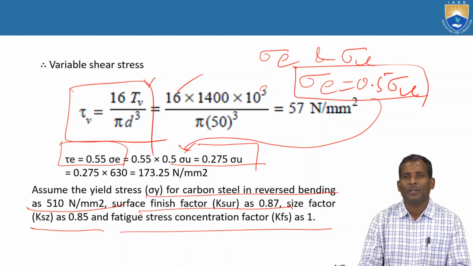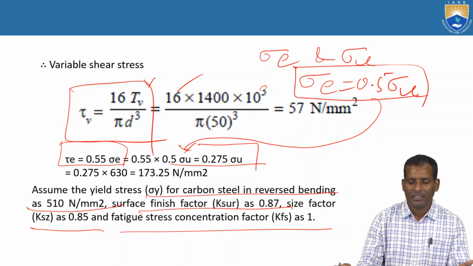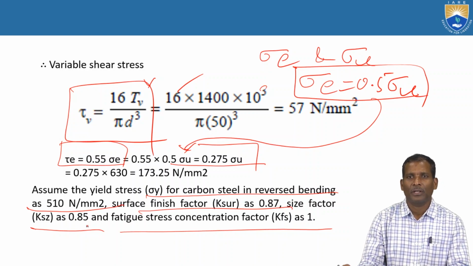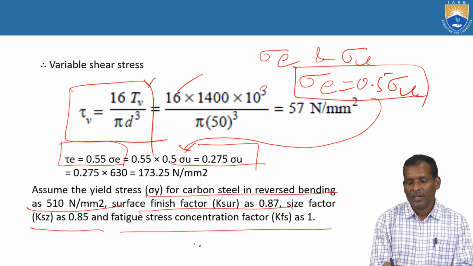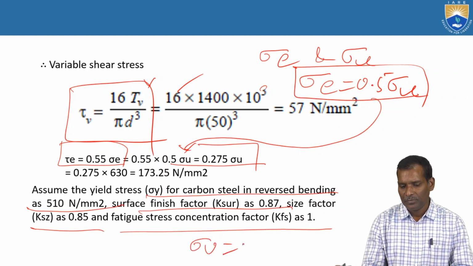whenever the component or object is subjected to variable loads. So here the assumed reversed bending yield stress is 510 Newton per mm square. That is sigma y. And sigma u is already available in our problem.